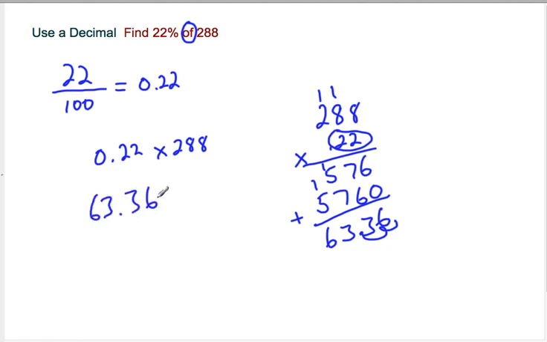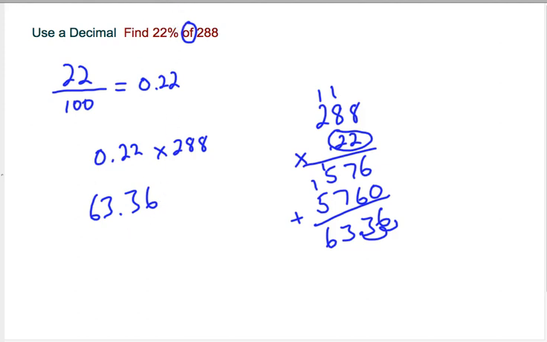What I like to do after I finish a calculation like this, because there's lots of opportunities to make a mistake, is decide if my answer makes sense. I know that 10% of 288 is going to be about 28 or 29, which is really close to 30. So 20% would be really close to 60, and 22% would be a little more than 60.